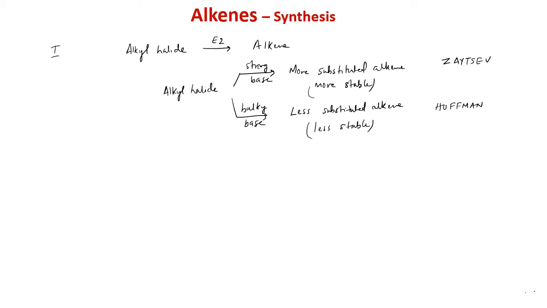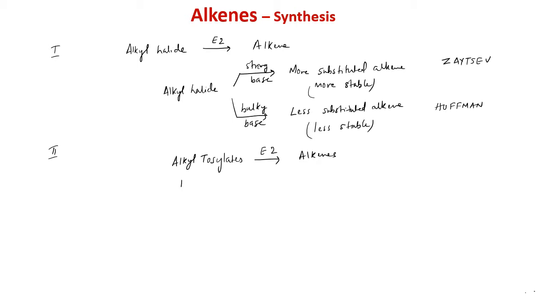Now, apart from alkyl halides, alkenes can also be synthesized from alkyl tosylates. Alkyl tosylates can be converted into alkenes through an E2 reaction.